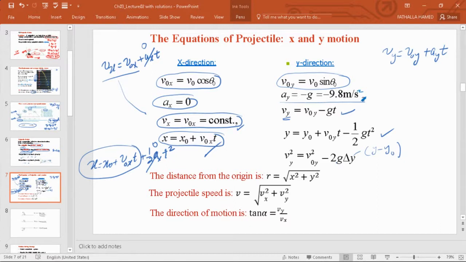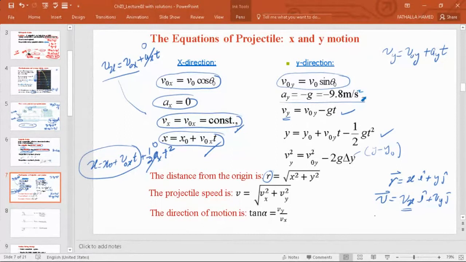Finally, you can write your position r, which is x i hat plus y j hat. If you want to get the distance, which is the magnitude, it will be the square root of x squared plus y squared. Your v will equal vx i hat plus vy j hat. The vx is always going to be the same. The vy you obtain from here, depending on the time and so on.